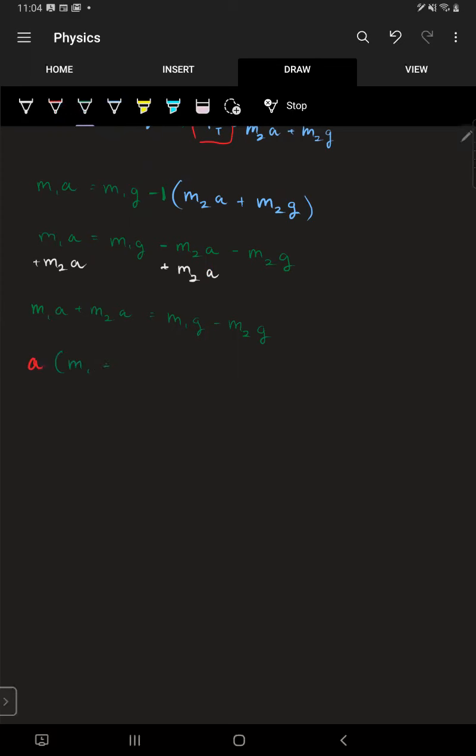A times the quantity m1 plus m2 equals m1g minus m2g, and we can't divide just yet.